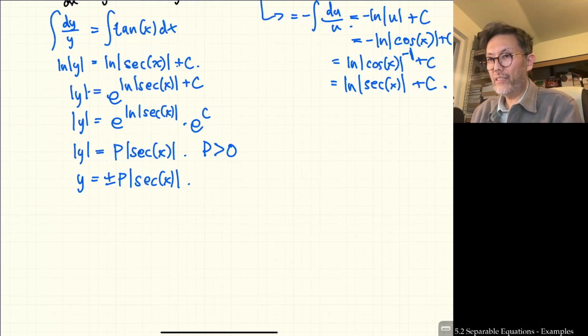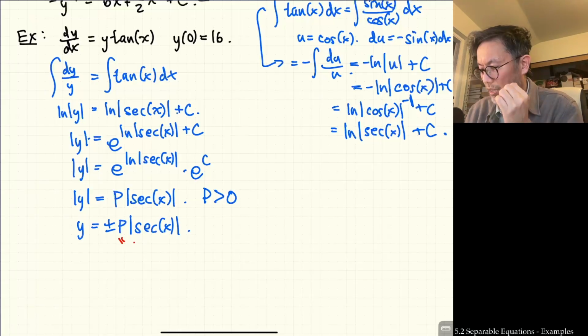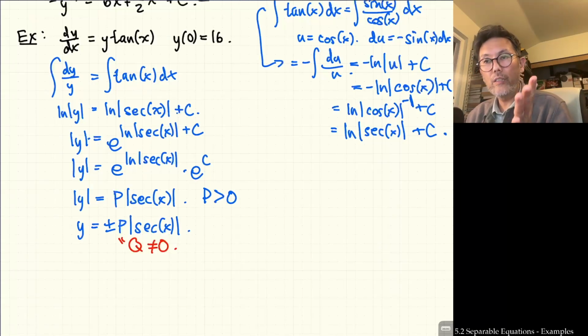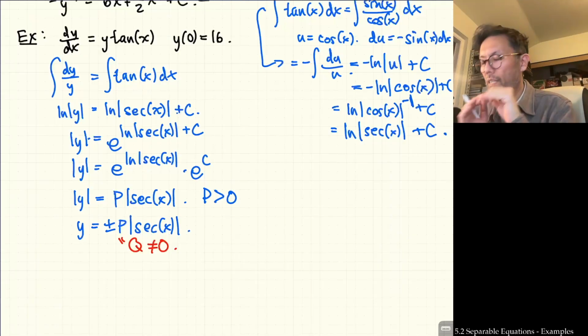So what this means is that we can replace this plus or minus p, make this equal to some number, let's call it q, which is non-zero. I'm just picking letters. Okay. It's non-zero because if p is positive, or an arbitrary positive number, then q, plus or minus p, is an arbitrary non-zero number, right?